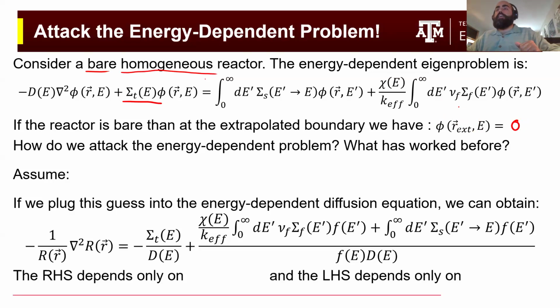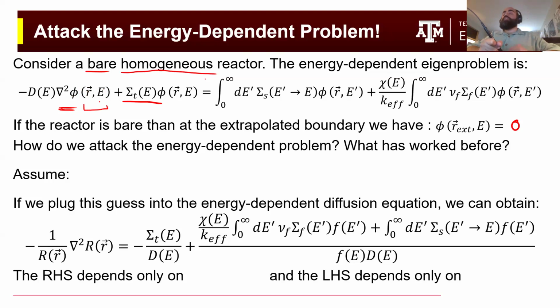So this equation right here is our energy-dependent diffusion equation as an eigenvalue problem. And let's think about what kind of equation this is. It's a differential equation because we have the Laplacian of the scalar flux, so we have second derivatives with respect to space. The flux itself is a function of position and energy.